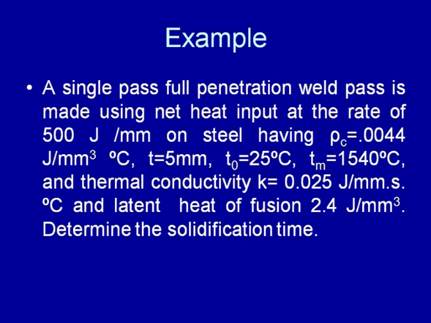T is the thickness of the plate being welded, T naught is the initial plate temperature, and Tm is the melting point of the steel, and the thermal conductivity K is equal to 0.025 joule per mm per second per degree centigrade, and assuming that the latent heat of fusion is 2.4 joule per mm cube.